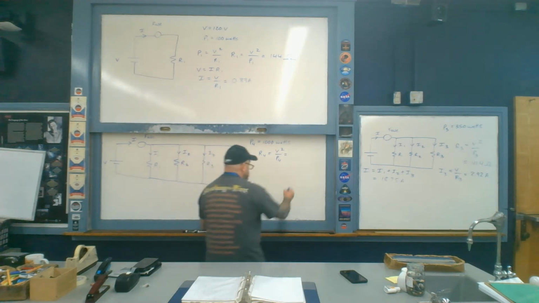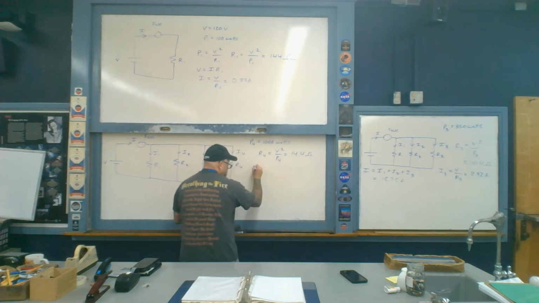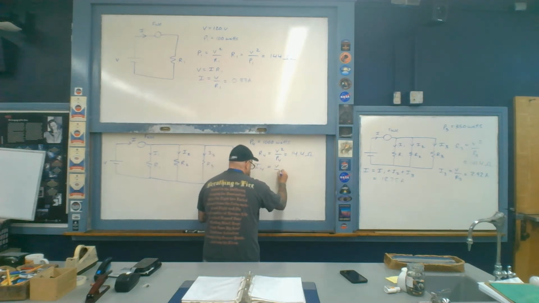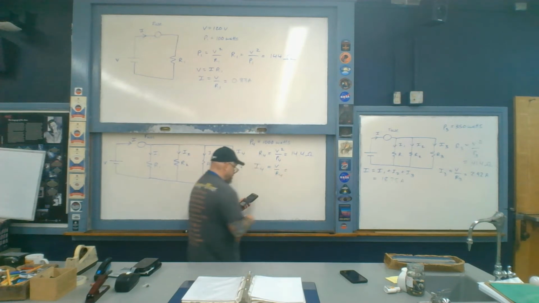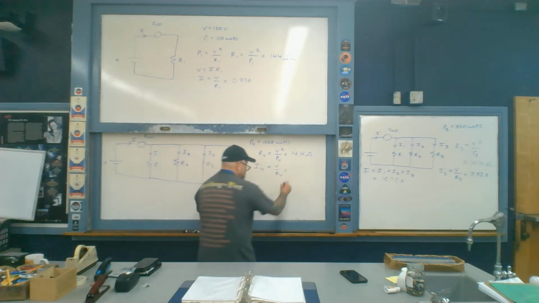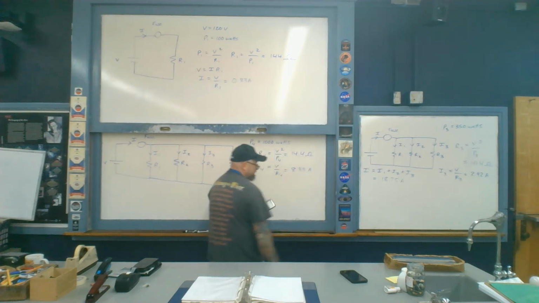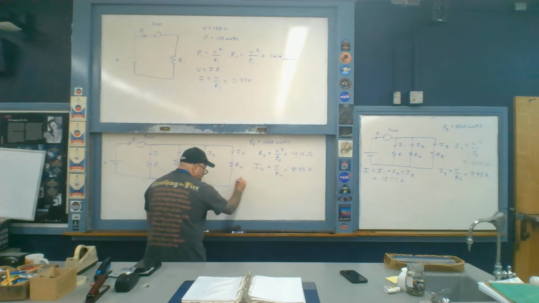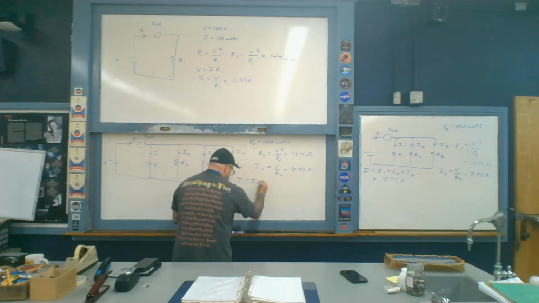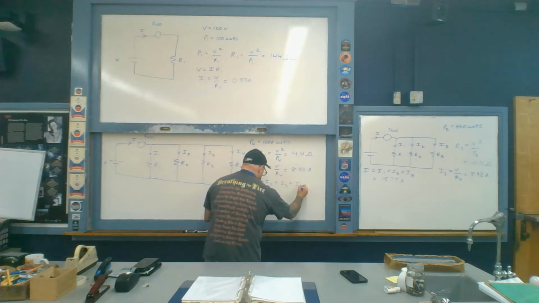That's about 14.4 ohms, and then using Ohm's law, we'll now find I4. That's R4, so 120 divided by that, and that current comes out to be 8.33 amps. So the total amount of current I is I1 plus I2 plus I3 plus I4.